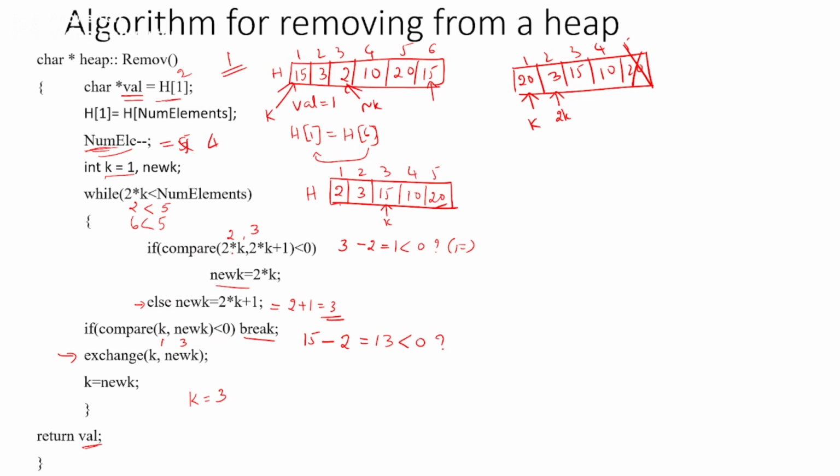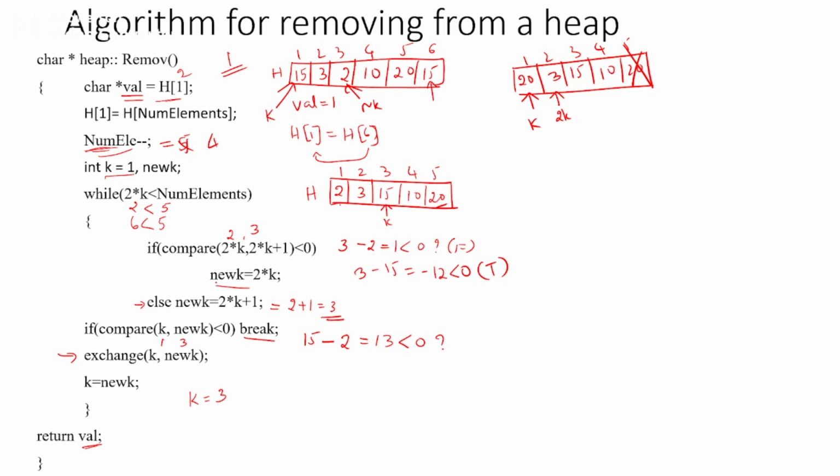Compare 2k, that is 2, comma 2k plus 1, that is 3. So 2 and 3 will be getting compared. So 3 and 15 is getting compared. What is 3 minus 15? That is some negative value, minus 12. So whether it is less than 0? Yes, it is true.